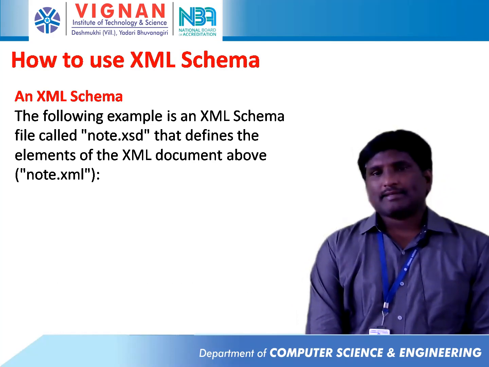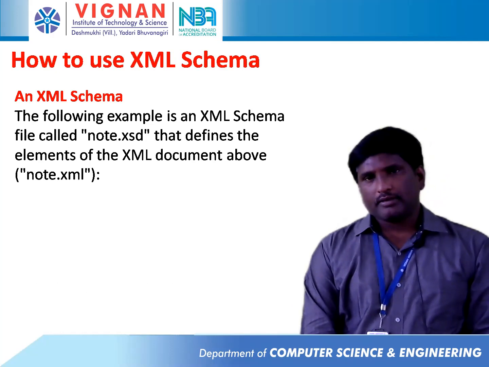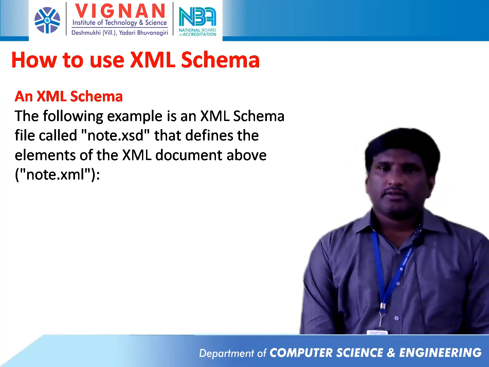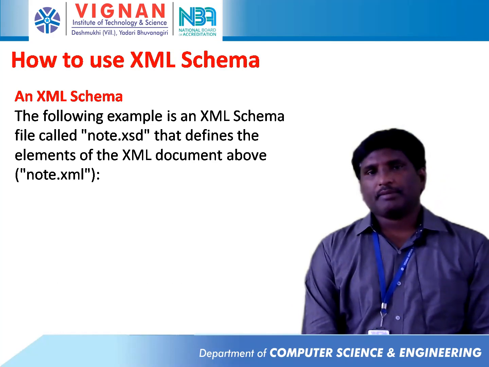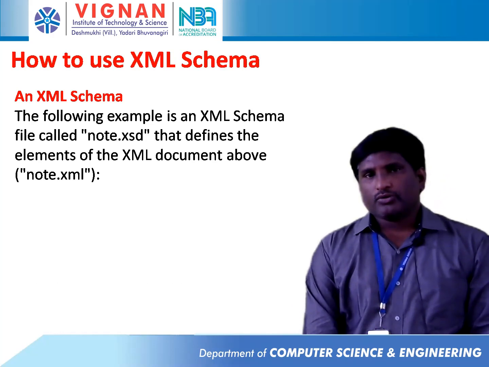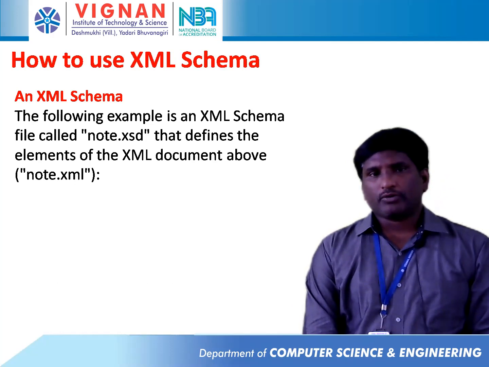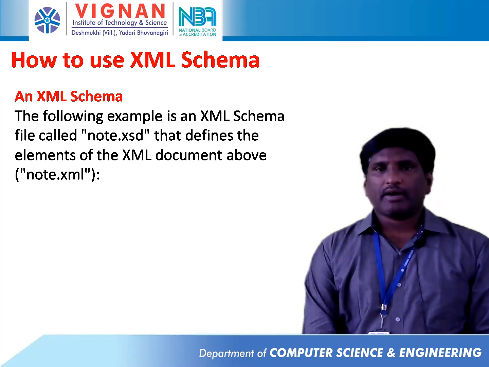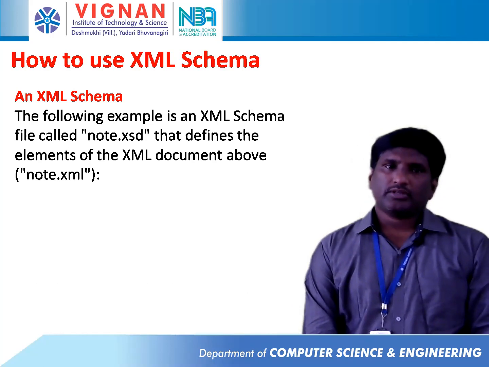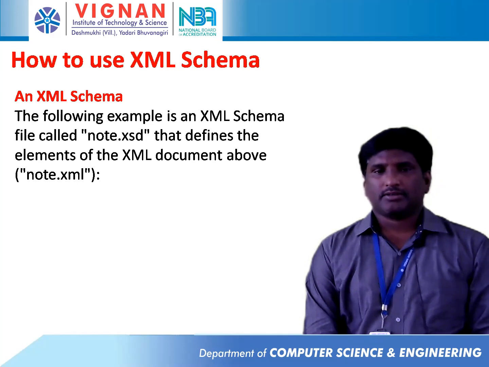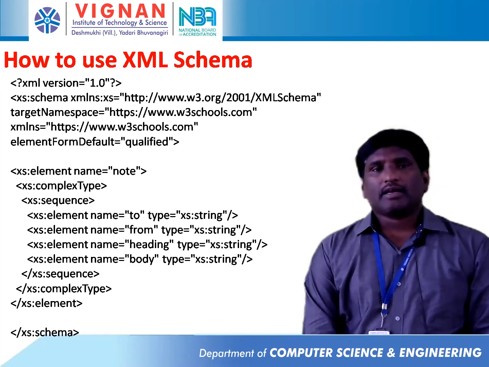The XML schema can be saved as filename.xsd. Because here we are providing a schema for note.xml, the schema file name should be filename.xsd, so I have written note.xsd. The note.xsd file looks like this.